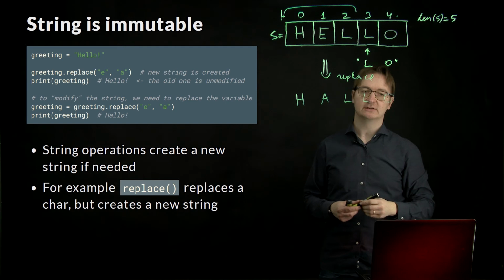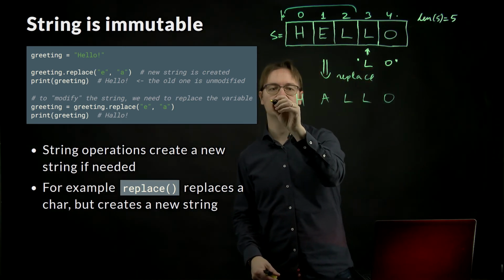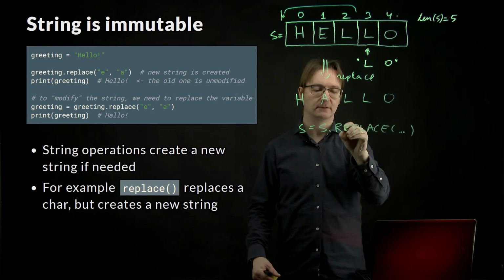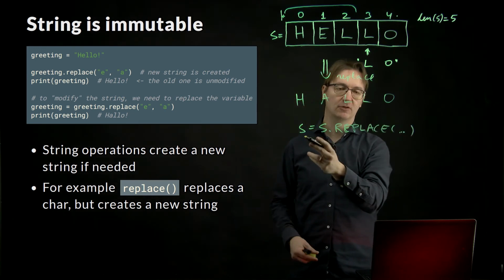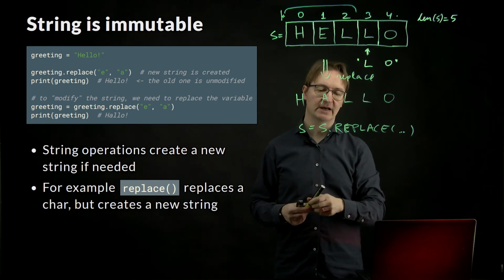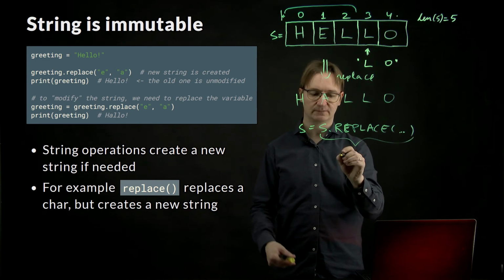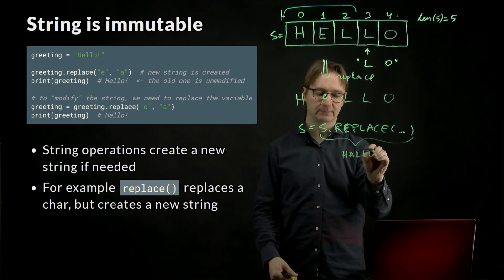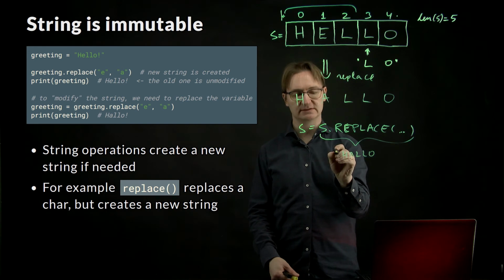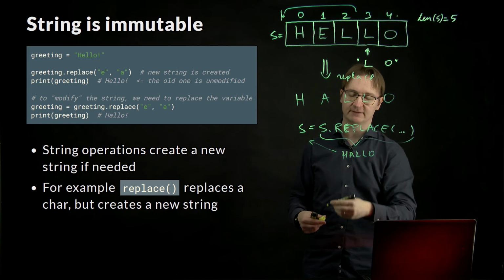If I would actually like to change the value of s, I would have to overwrite this variable. So in this example, what happens is that this one creates a new string, and now the s variable is overwritten with this value.